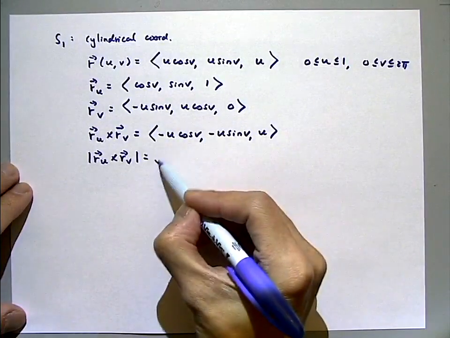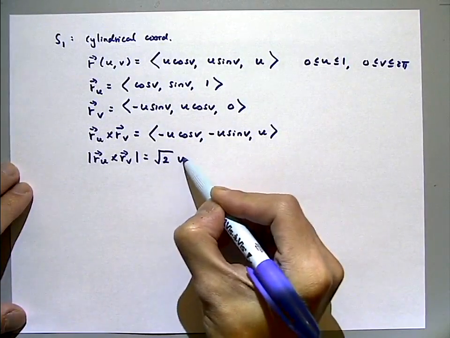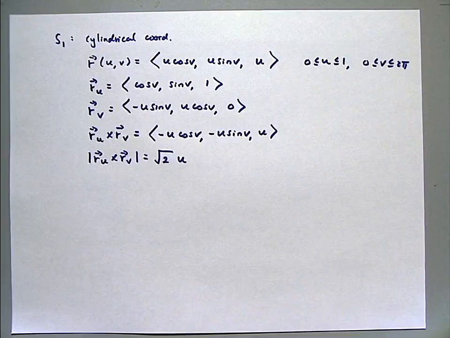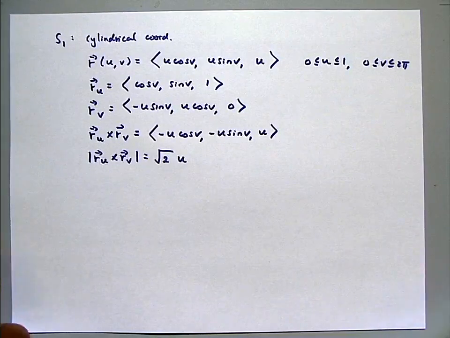After you simplify that, you should get radical 2 U. All right, so I skipped a little bit of steps here and there, but it's the stuff that we have done before. Okay, so that wraps up the lateral surface of the cone.